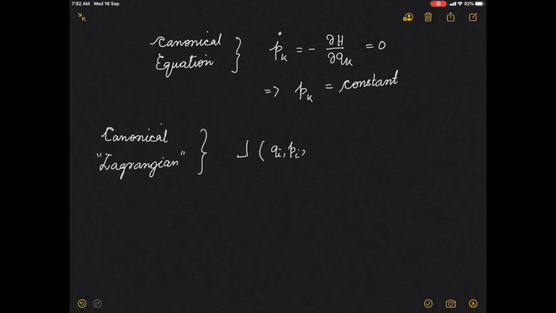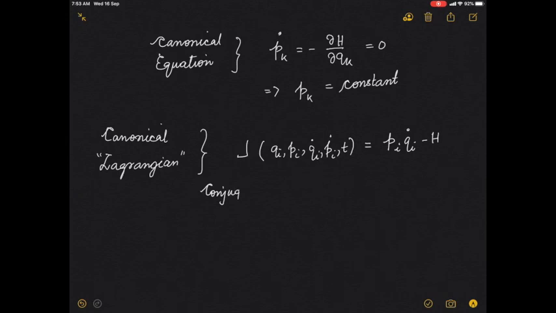K stands for a particular one which is constant, which is not there explicitly in the Hamiltonian, qi dot, pi dot, t. This is what? This is pi qi dot minus h, right?